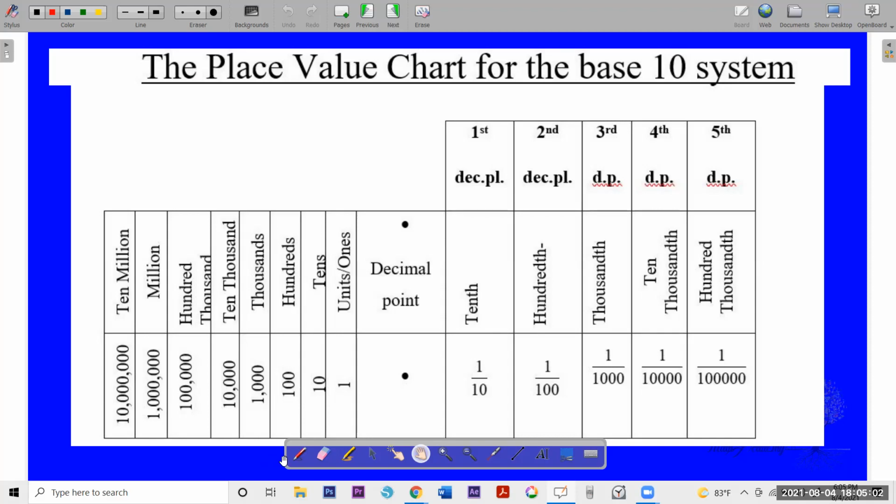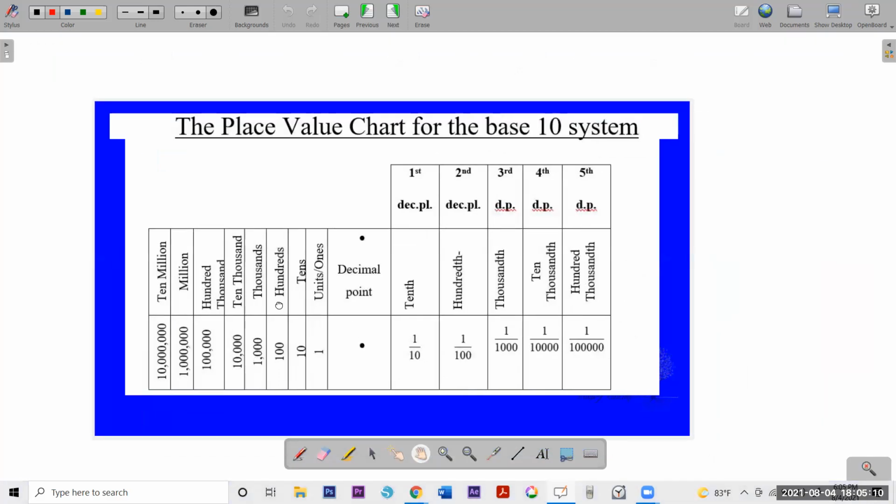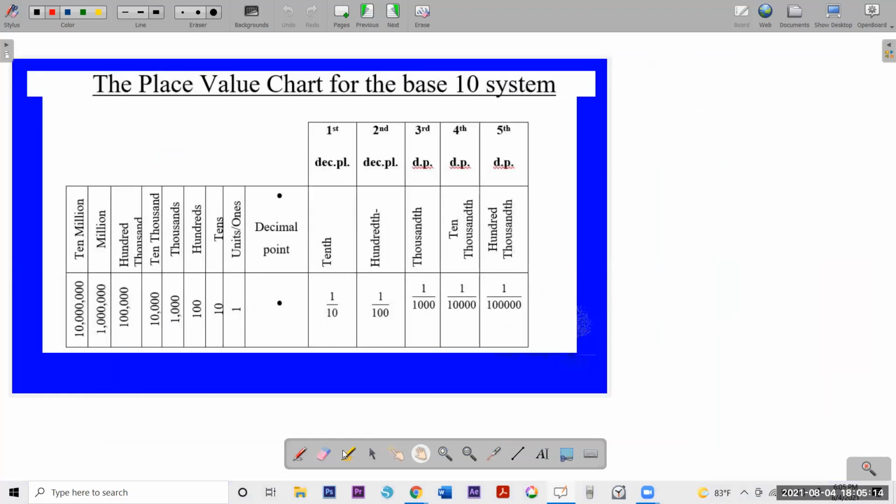I would recommend you copy this in your book because it's not only going to help you with this topic, it's going to help you with other topics. Let's take a look at what we have here. I'm going to use my pen and draw a line. This line is our midpoint when it comes to decimal numbers.